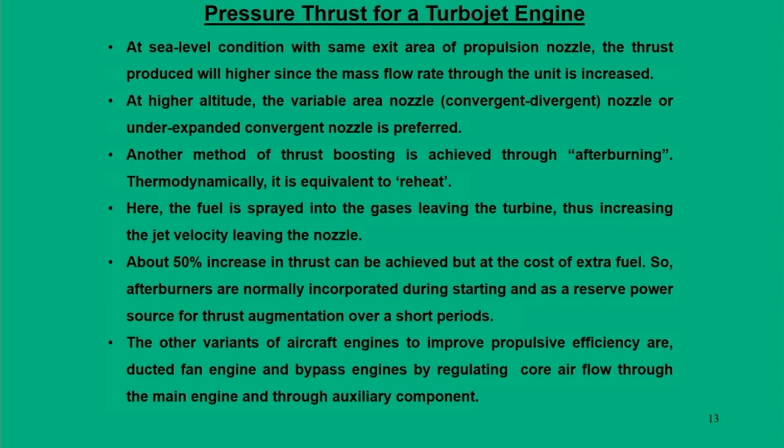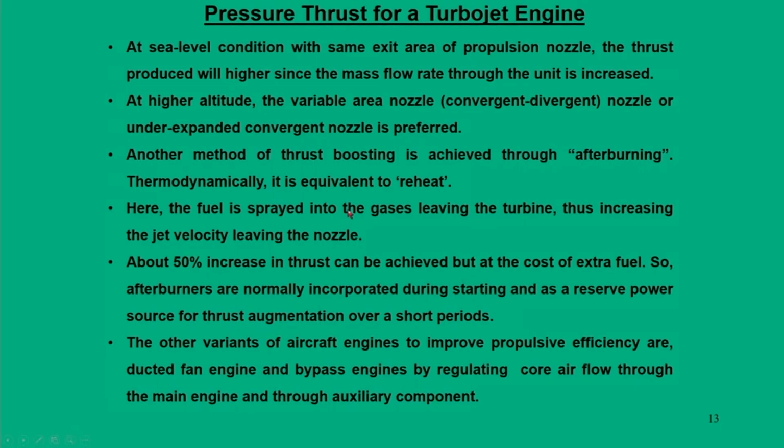But in some situations, we expect to travel faster while cruising. In some cases people prefer a method we call thrust boosting, and this thrust boosting is normally achieved through afterburning. Afterburning is simply what we call a reheat. When you deal with the reheat cycle of a gas turbine, the heat is added separately to reach the maximum temperature, and the gas after reheating is further expanded in another turbine.